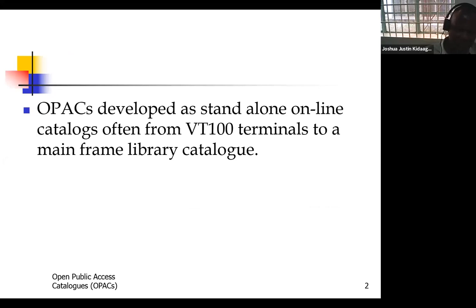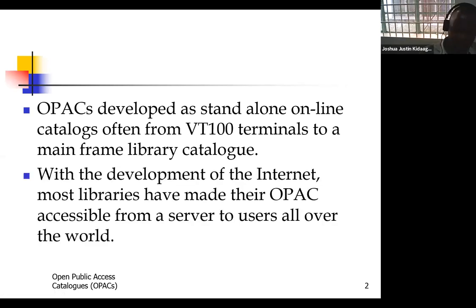And of course, from the computer generations, we know that there was an era where we had very big computers that were being referred to as mainframes. So that is the genesis. However, with the introduction of the internet, most libraries have made their online public access catalogs accessible from a server to users all over the world.